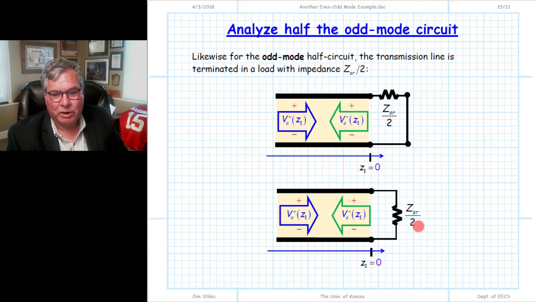And so again, what we want to do is determine from this circuit what is the reflected, scattered wave here. Since we're doing an odd mode analysis, we get a different answer than before, and of course that is true because we have a different load than we had for the even mode analysis. What is this value in terms of this value, the plus wave complex wave amplitude?